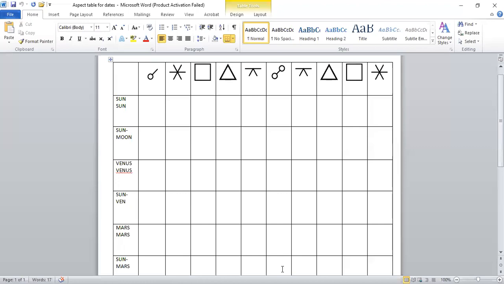I put the trines in green, and the sextiles and the conjunction in blue. The conjunction, let's just say it's intense. It could be good or bad, depending on what it is, but I still designated it as not quite like a square. So I got mine color coded, and you print it out, and you can see it at a glance, and from that data extract the pertinent information.